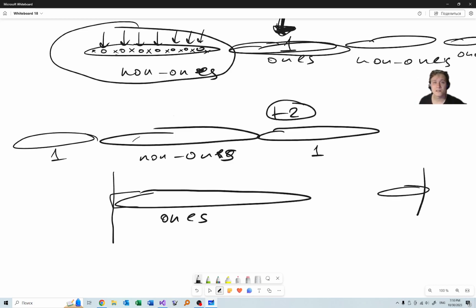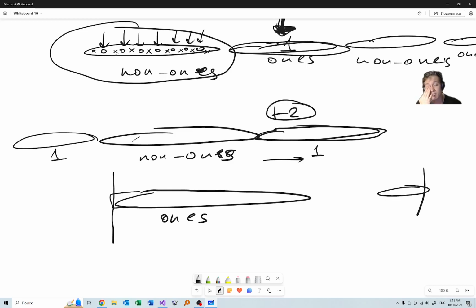Okay, in this case, we take the smallest block of ones and we try to eliminate it from one side to the other side.